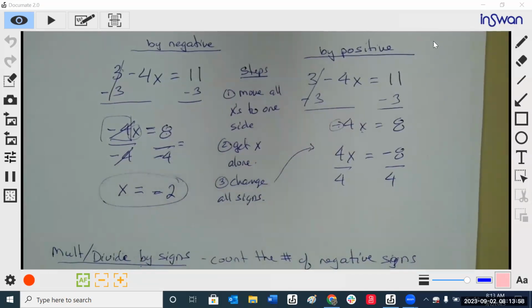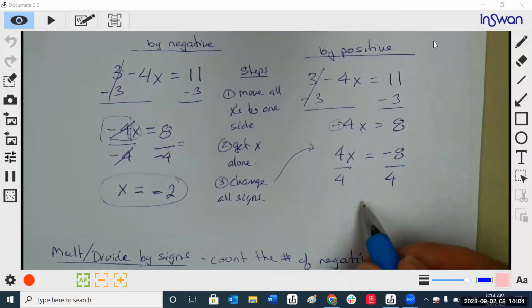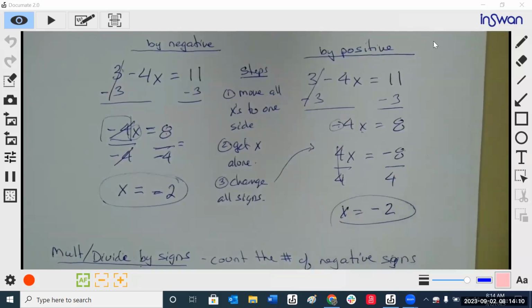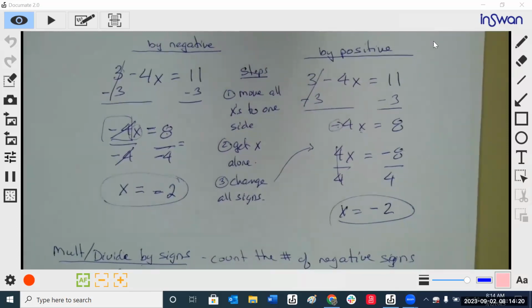Again, the less you have to write at any one step, the easier it is to make a better grade. So we know the answer is going to be negative. 8 divided by 4 is 2. So try to get used to separating the negatives from the numbers. Do them both separately.